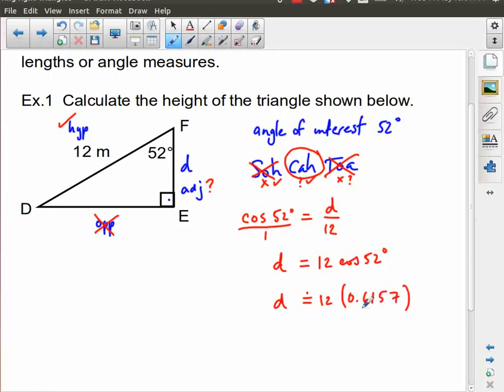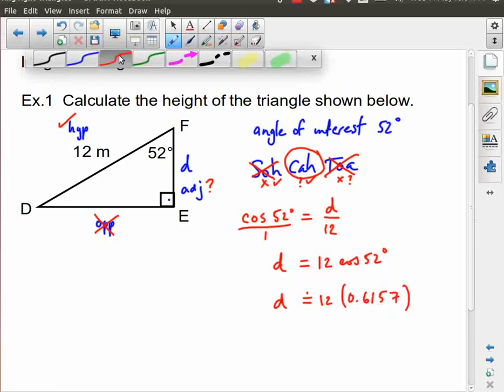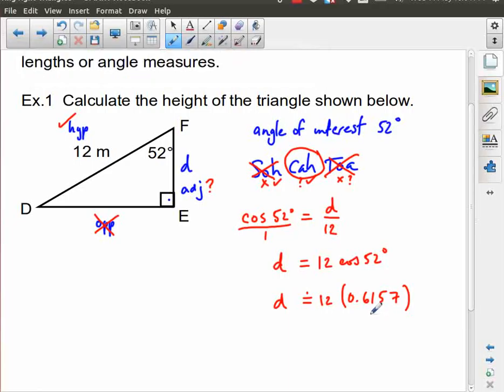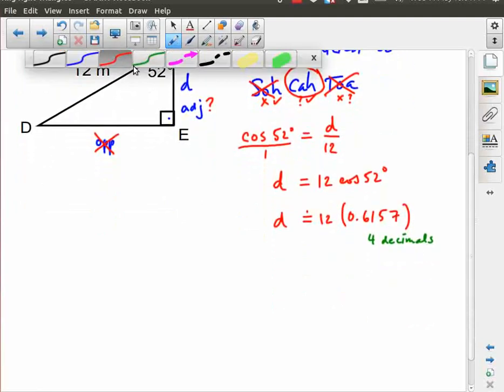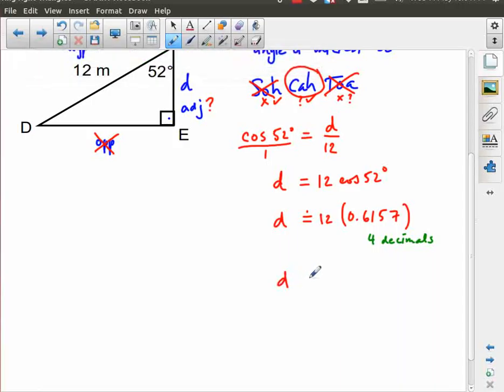If you are forced to write it and round it, try to do 4 decimal places. That's kind of the standard. For trigonometry, that seems to be a safe number to round to. But I'm not actually rounding in my calculator. I'm keeping that number, and I'm just going to take that number that's still in my calculator and multiply it by 12, and now I'm going to write my final answer.